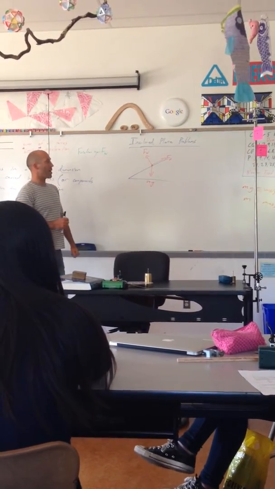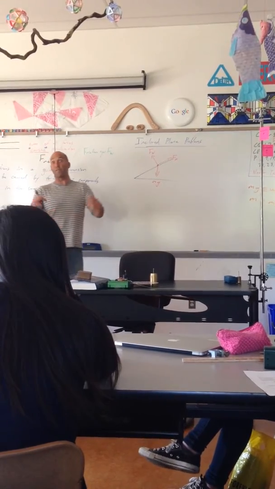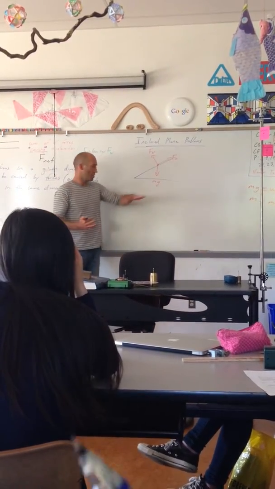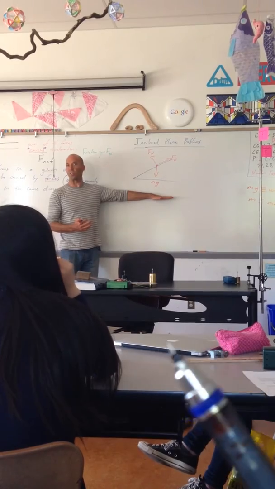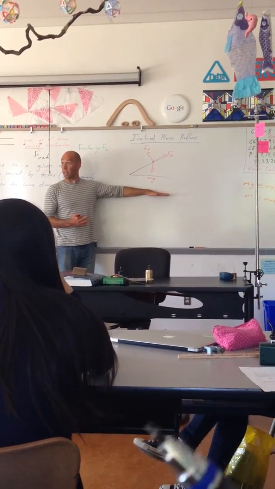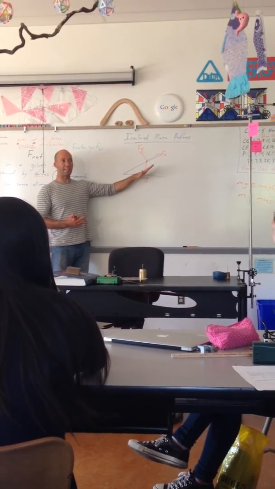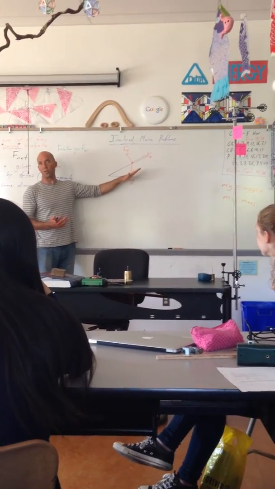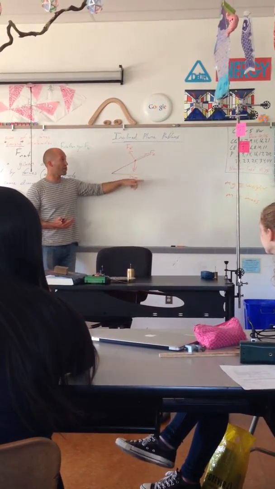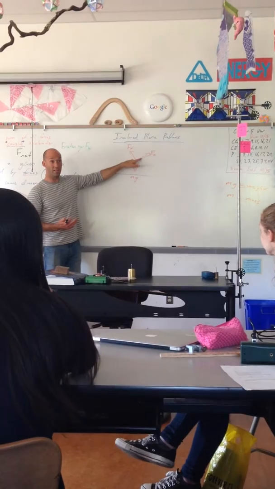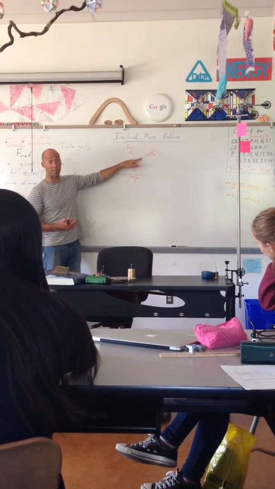For inclined plane problems, we find it convenient to shift our frame of reference. Until now, we've said that this is horizontal. For an inclined plane problem, let the plane itself be our new horizontal frame of reference. In other words, this is now parallel, or horizontal, to our frame of reference.